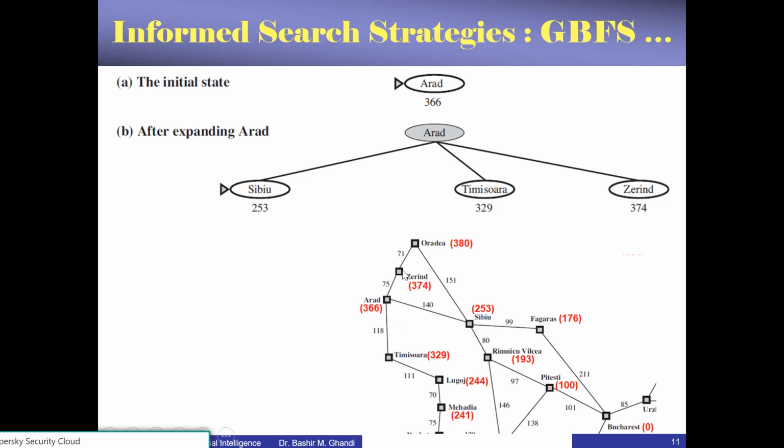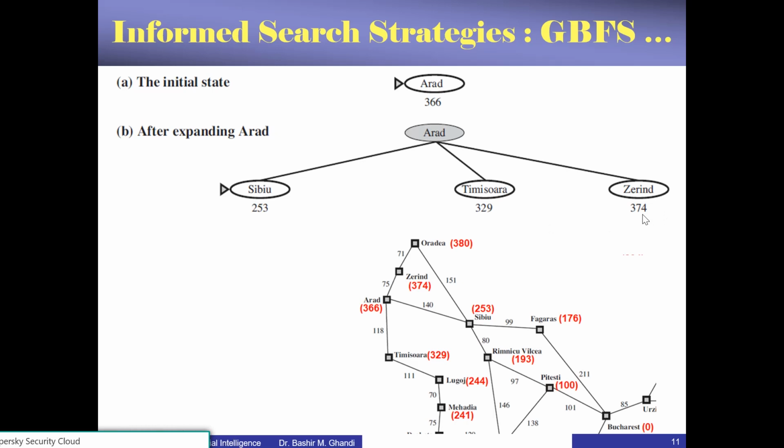And then the other town we can reach from Arad is Zerind. From Zerind to Bucharest it will cost 374 miles or kilometers, whichever unit you want to use. So this is the situation so far. After exploring Arad, these are the 3 states that are going to be in the frontier.